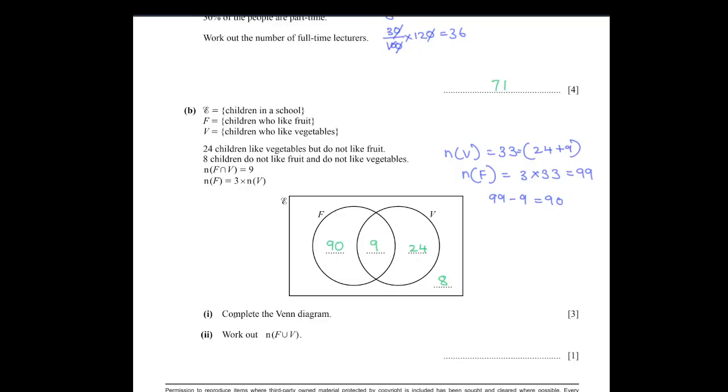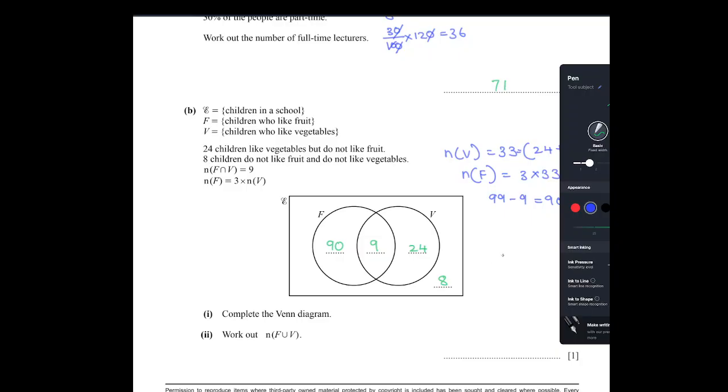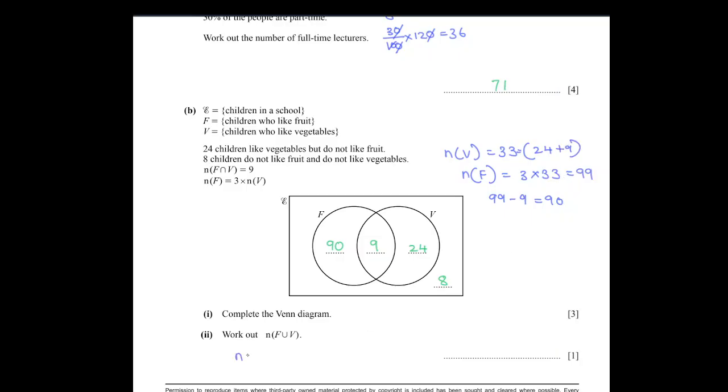Then the completing of the Venn diagram is done, question number 1. Then question number 2, work out the number of students in F union V. So these whole two circles we have to add. N of F union V will be 90 plus 9 plus 24.